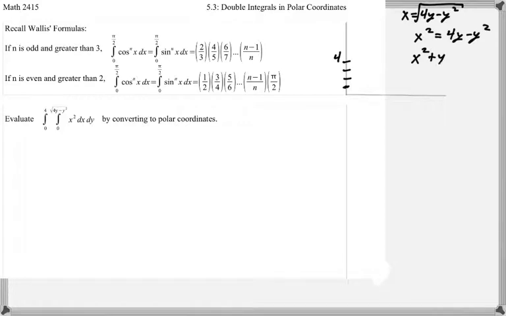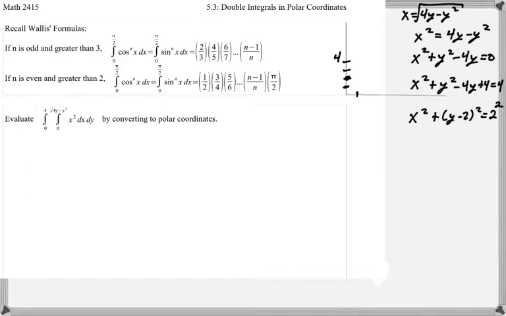So x squared plus y squared minus 4y is equal to 0. So x squared plus y squared minus 4y plus 4 equals 4. We're going to complete the square. So we have x squared plus (y minus 2) squared is equal to 4, or 2 squared. That is a circle centered at (0, 2) of radius 2.